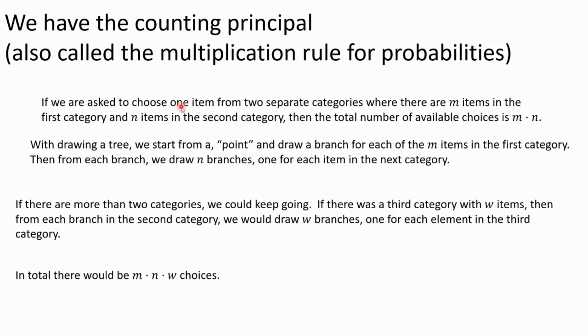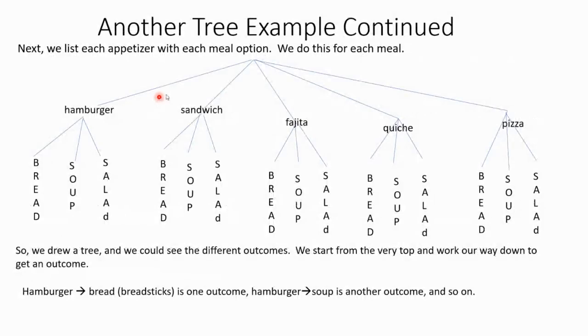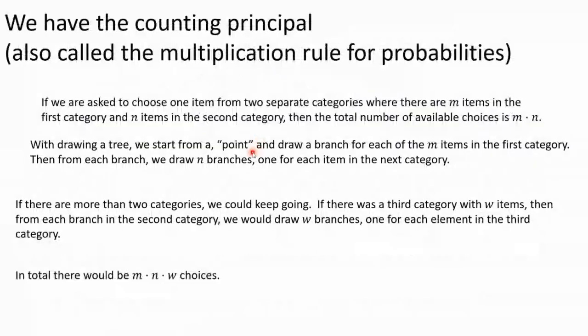Basically here, let's say you have to choose an item from 2 separate categories, right? For instance, in this example, if we had to choose an item from the meal category and an item from the appetizer category, so we're choosing something from 2 separate categories.